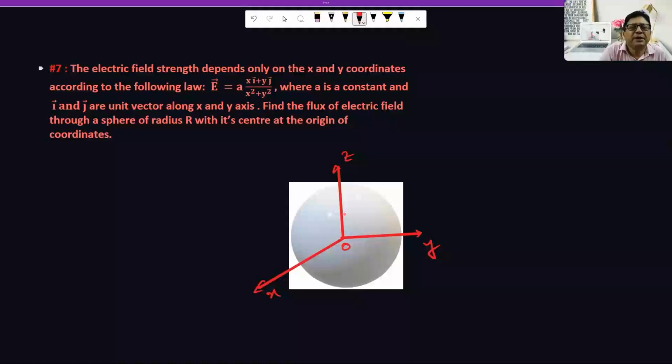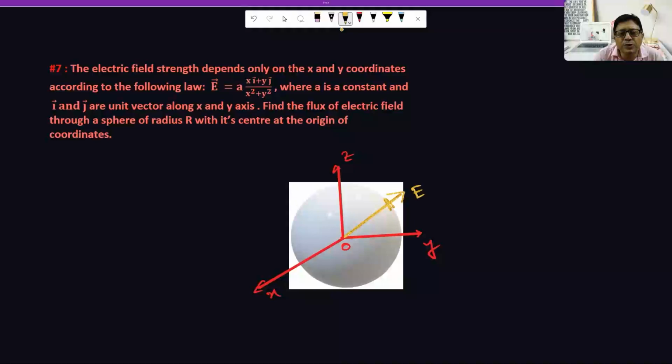If we take E equal to this thing, and if we say that E is running parallel, tangent to the surface of the sphere, that will be wrong. The direction of the electric field has to be radially outward, isn't it? So the electric field is always radially outward here.